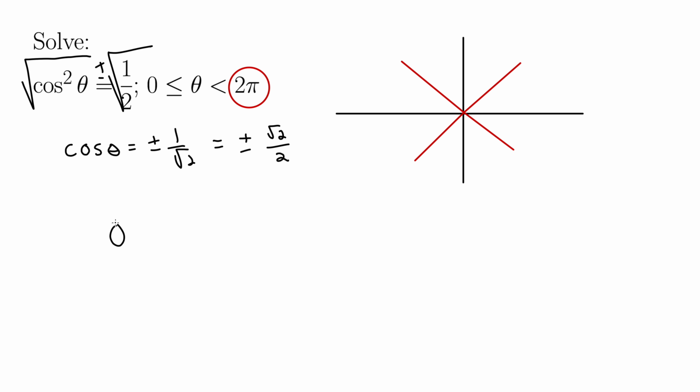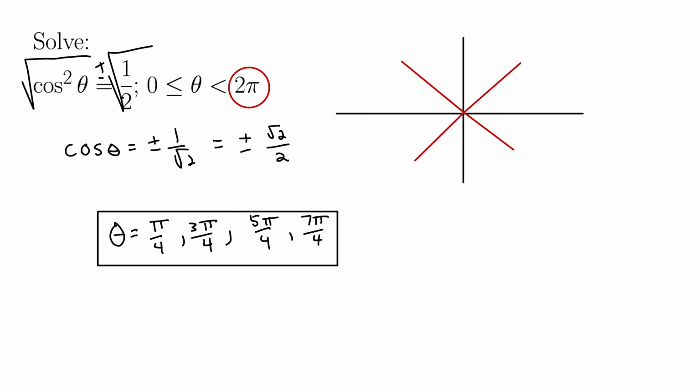So we have theta equals pi over 4, 3 pi over 4, I'm just going to list all these off, 5 pi over 4, and 7 pi over 4. And then I stop there because going any further would take us beyond 2 pi. And there we have it.